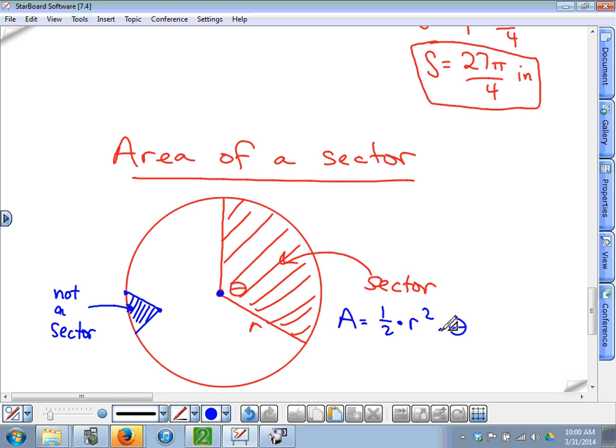So area is equal to 1/2 radius squared times the angle. But again, what must be true, do you think, about this angle? That angle has to be in radians.